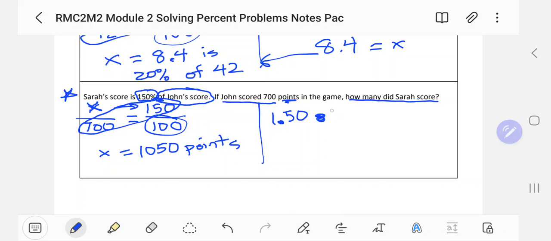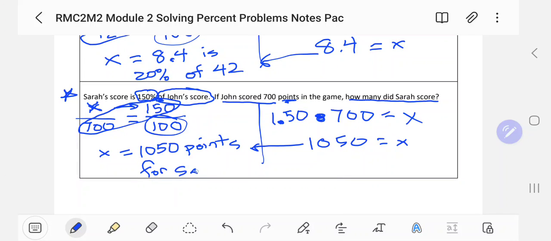Of John's score. So that's of the 700, and we know that that comes to 1050 if we type it in, and so that is 1050 points for Sarah. Let's put that in there. I like to be thorough.